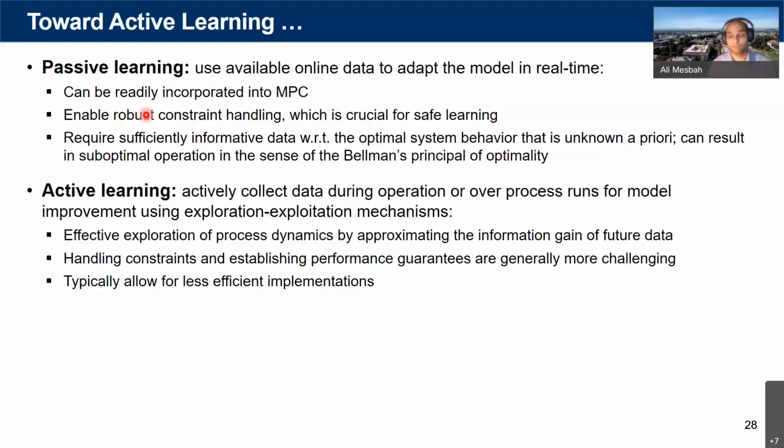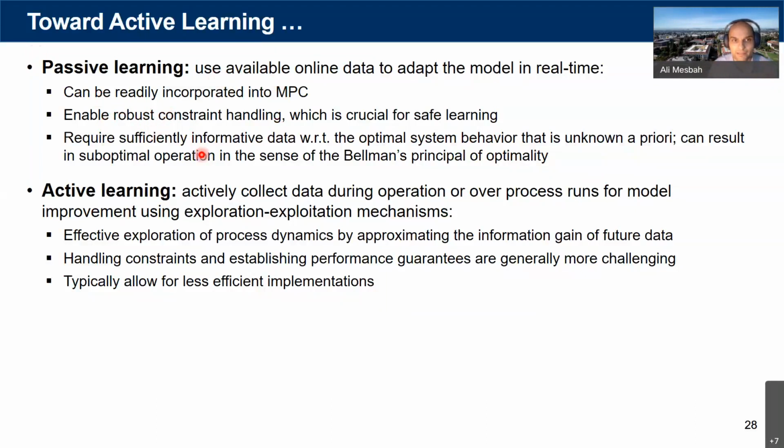So what are the key advantages of passive learning approaches? First of all, as you saw, we could readily incorporate them into decision making, right? So formulation-wise, they're easier to work with, and more importantly, they would enable robust constraint handling. Again, constraints are extremely important for safe learning.